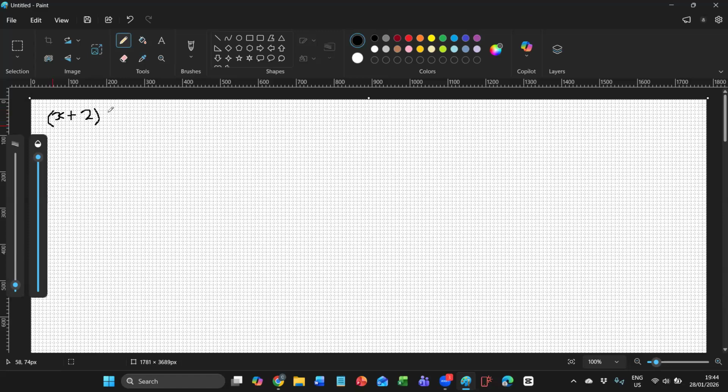I don't know if your teacher showed you, but there's a very simple method that helps us with multiplication like this. So here goes. Let me change the color so you can see the steps.